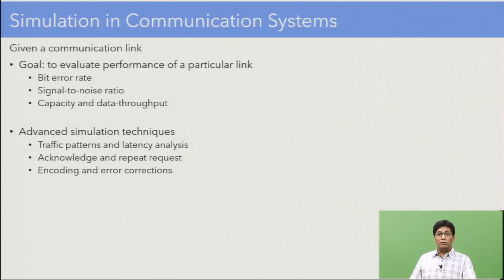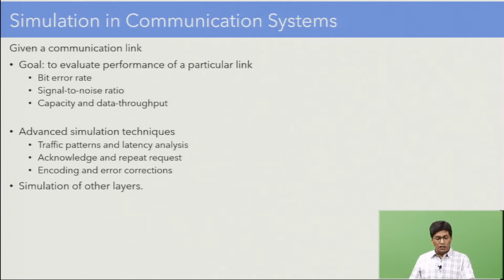You can also talk about how to encode the system, how to do error corrections. There are many simulation techniques depending on what generation of standard you are talking about, what application you are talking about. So, these can be incorporated in the communication link, and you can simulate even complicated communication links to finally get some performance metrics of the system.